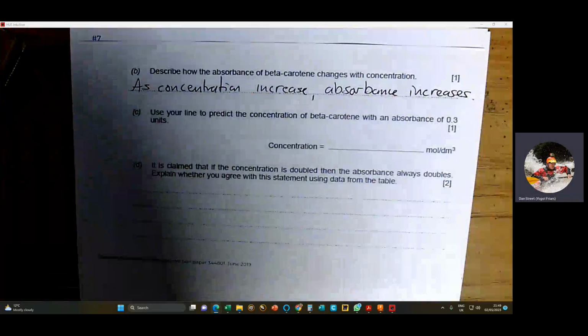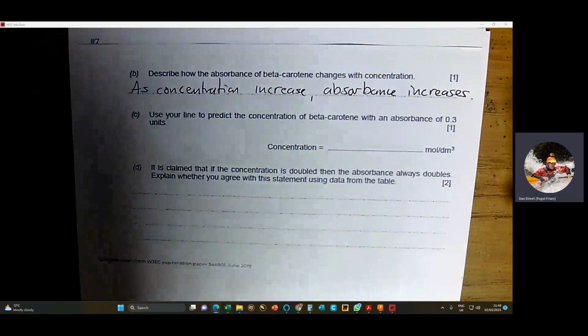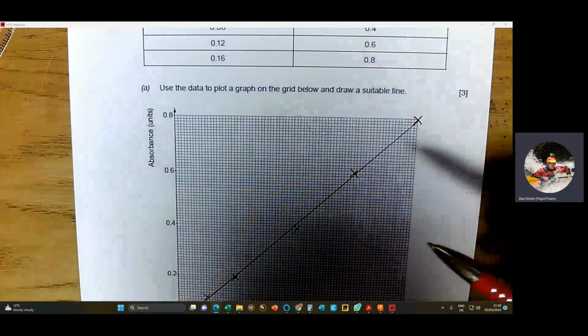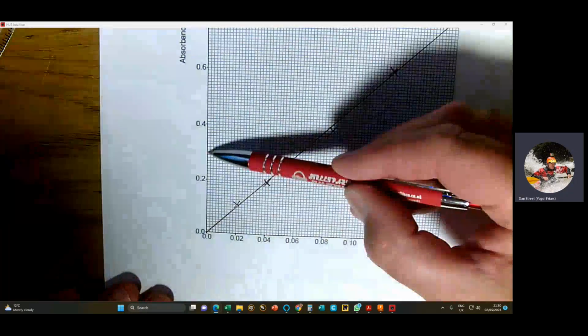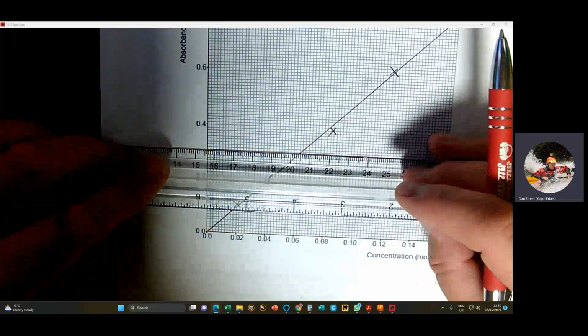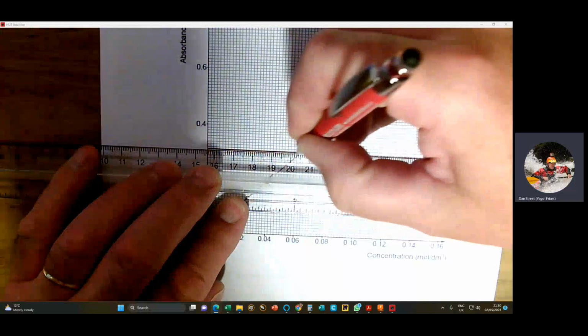It then says use your line to predict the concentration of beta carotene with an absorbance of 0.3 units. So we need to find 0.3 units on the absorbance scale. This is the absorbance axis. 0.3 is going to be there. So I would make sure that your ruler is perfectly parallel to the lines on your graph, and make sure that you run a nice bold line across.